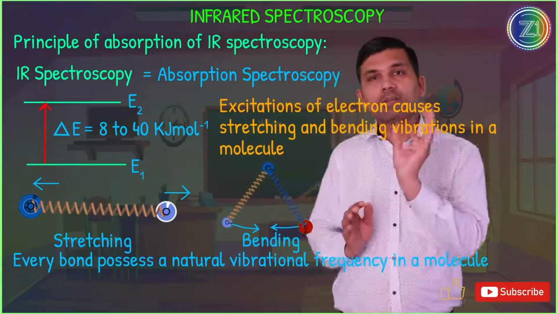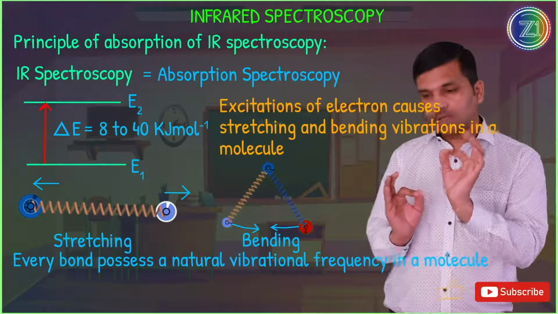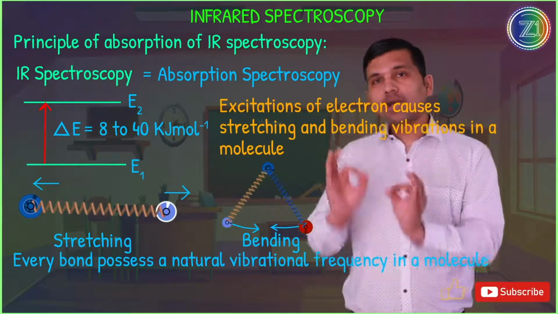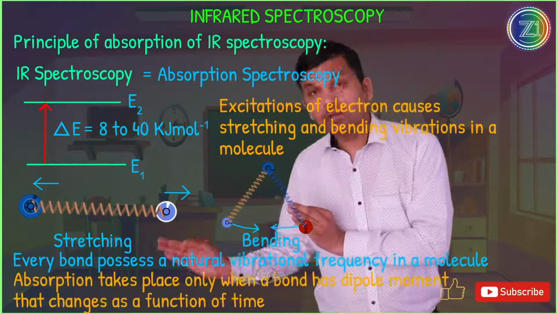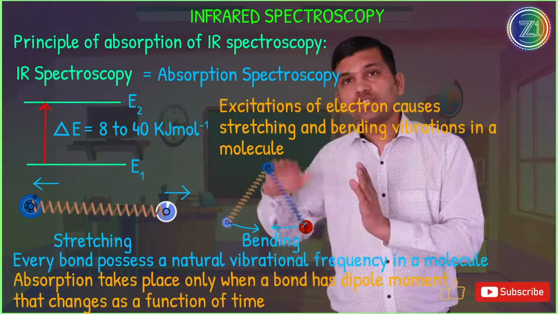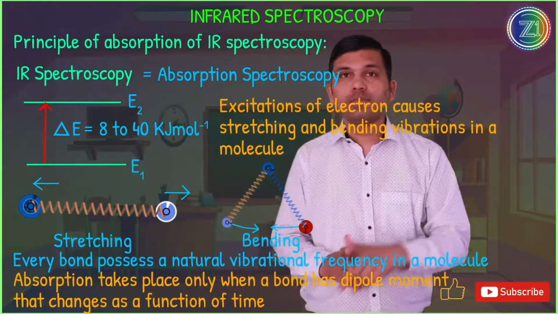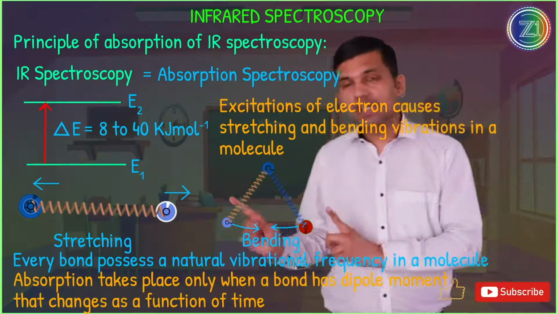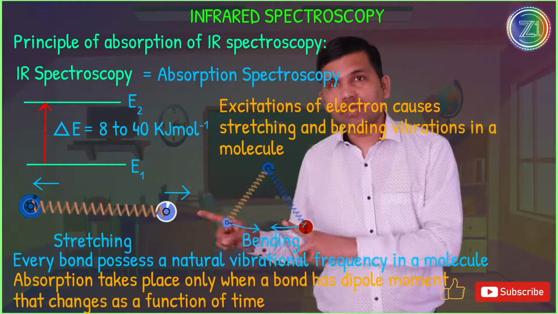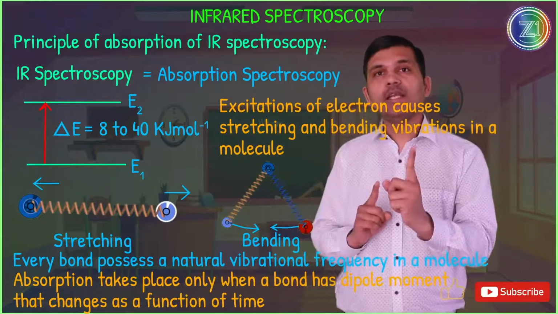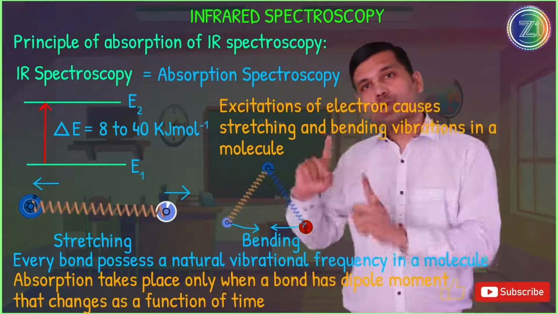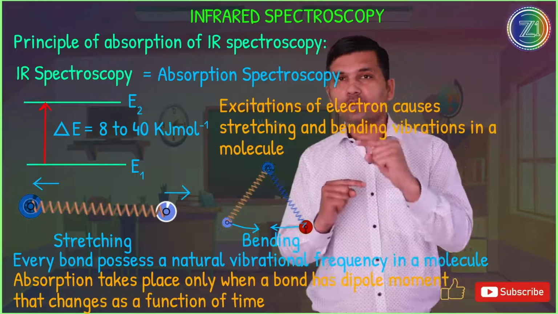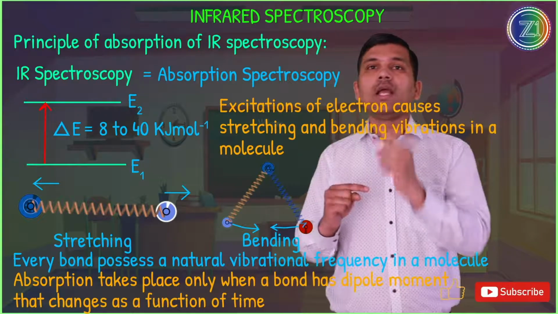This coupling can take place only if the bond has a dipole moment that is changing with respect to time. That means if a bond has a dipole moment that is changing with respect to time, then and only then will there be absorption of that radiation and excitation of electrons from lower to higher energy levels.